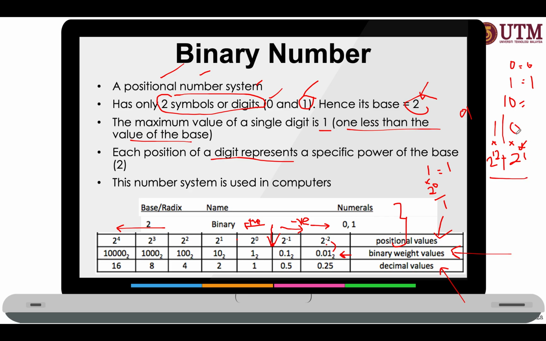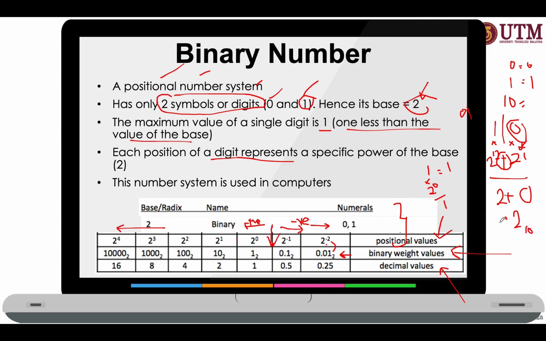So you get over here 0 times 1, every single digit times 0 you get 0, and then over here 1 multiplied by 2 you get 2. So what is 1, 0? Over here, this is the added part, which is 2 add 0. It is not 20, but 2 plus 0 equals 2 in base 10.